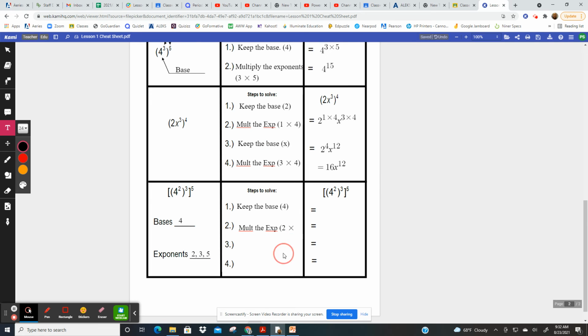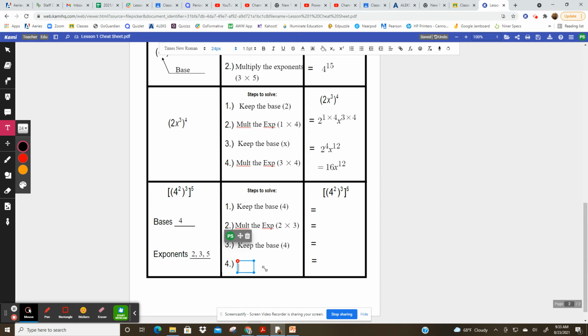Notice when I'm here, I get out of that little box, and then I hit the 3, and then close my parentheses. And then again, keep the base, because once we do that, we still have a base of 4, because that didn't change.